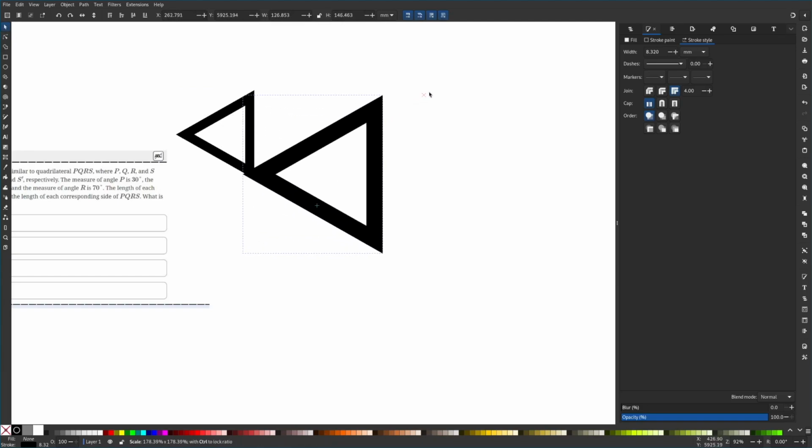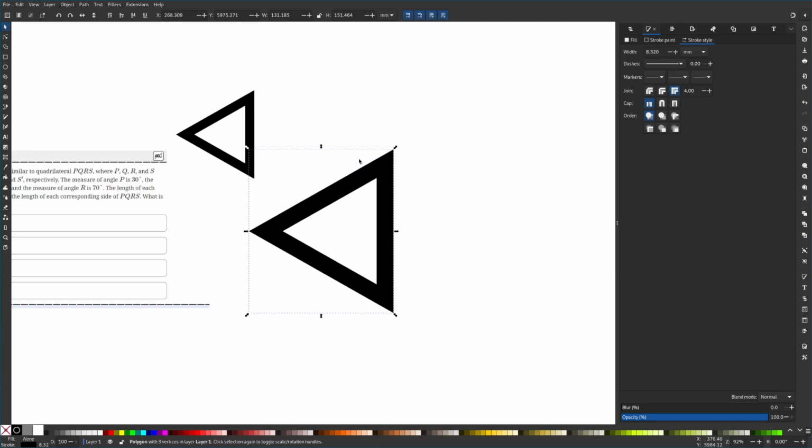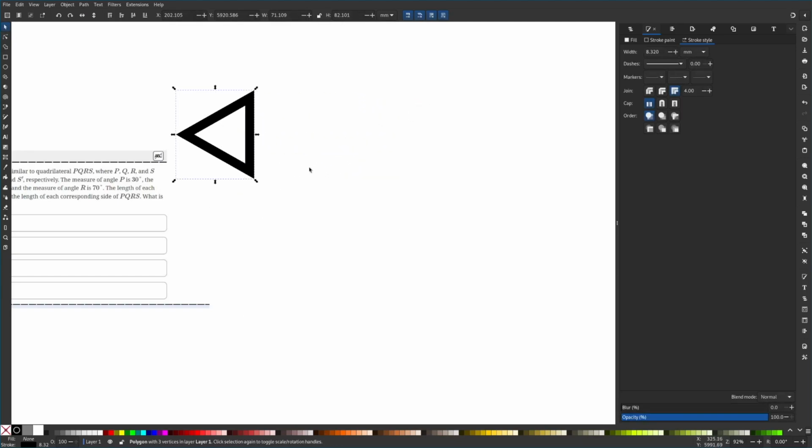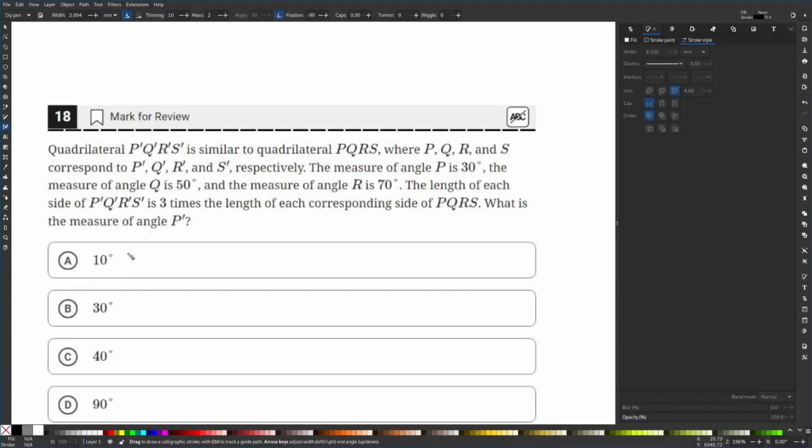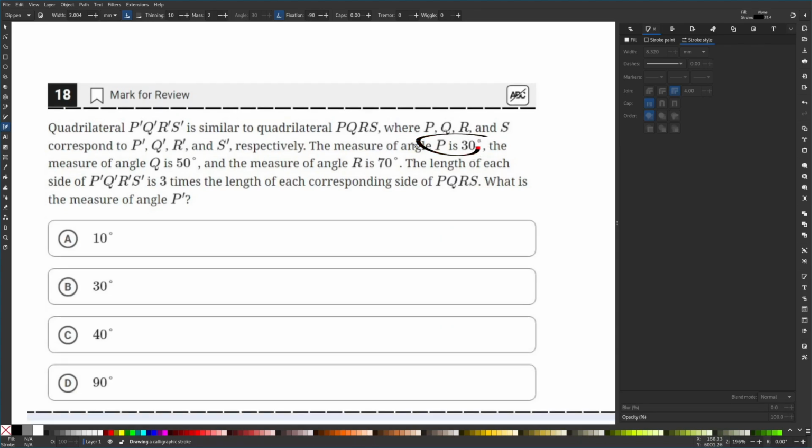If you scale it up, same angles. It's just bigger side lengths. So for this one, the angles actually just remain unchanged if they correspond to each other, because here, P is P prime, Q is Q prime. So the answer choice is just B.